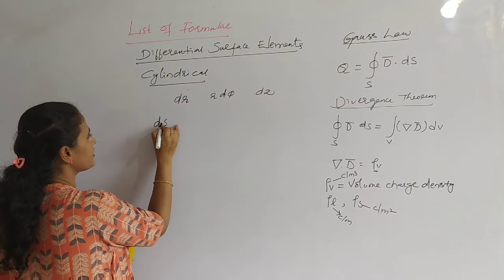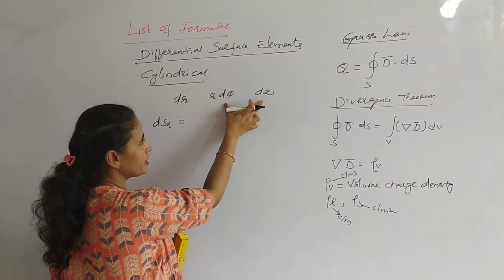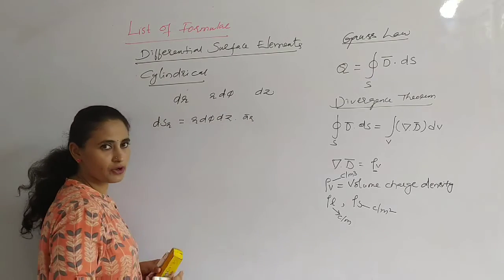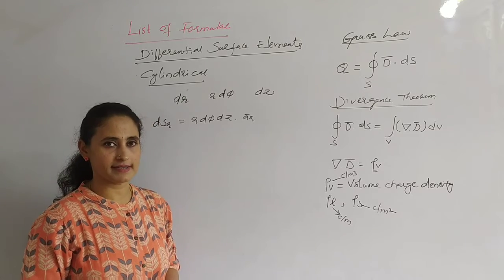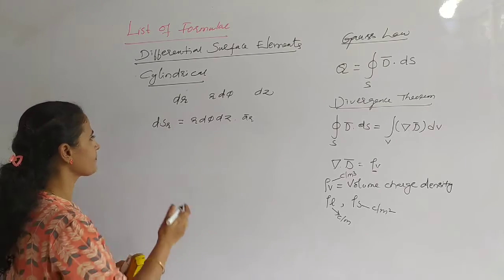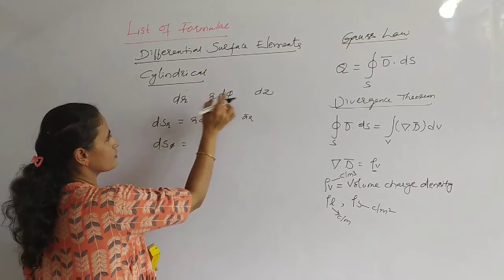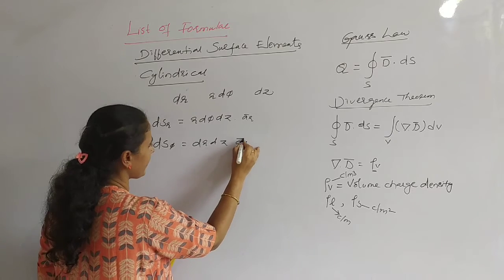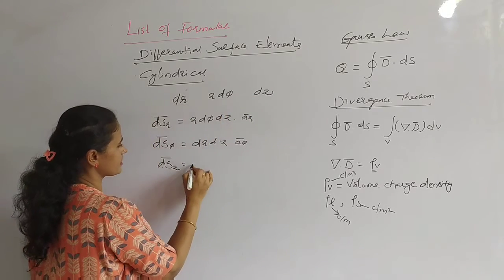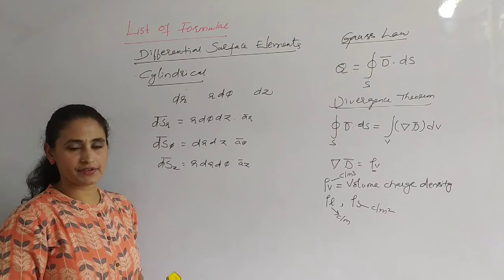The differential surface area normal to r is formed by the other two coordinates: r d phi dz, with unit vector a_r. These topics were discussed in the first five lectures; I am summarizing the formulas so it is easy to refer to while solving numericals. The differential surface normal to phi in cylindrical is dr dz a_phi. The differential surface normal to z is r dr d phi a_z.